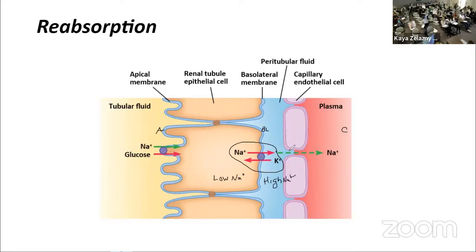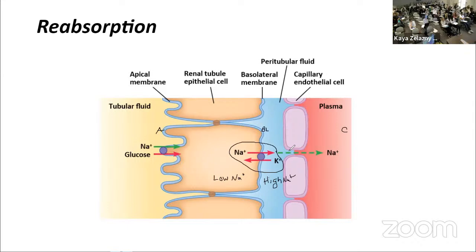But if we think about glucose, we just said we're reabsorbing 100% of it. So we are creating a very low glucose environment in your filtrate and then in your urine. We cannot do that by passive transport. We're going to need to use energy. We're going to need to use active transport, and the type here is going to be secondary active transport.